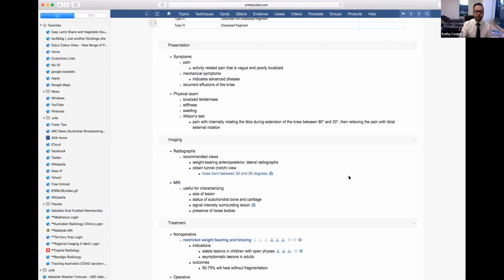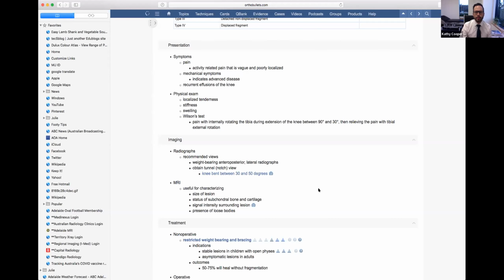So always start with an X-ray. The notch views are quite helpful. You'll pick up some subtle appearances there, but mostly anything from the type 2s onwards you'll see. But MRI is the gold standard. So if you've got a normal X-ray, go to MRI if you suspect this is going on.